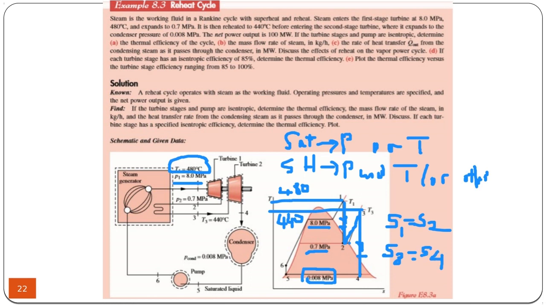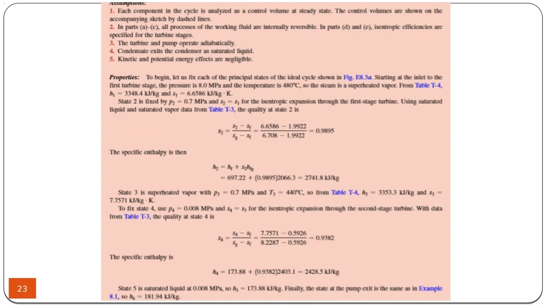So for the first turbine, the inlet is 8 megapascals and 480. From the superheat table, we get the inlet of the turbine, which is the exit of the boiler, and the inlet entropy, which is equal to the exit of the turbine entropy.